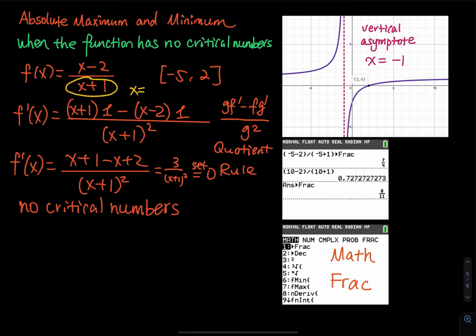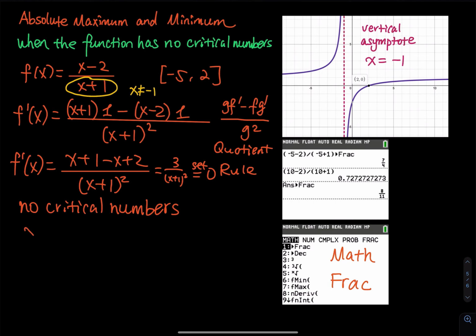We know that when x equals negative 1, we have trouble, because the function is undefined. Since we do not have any critical numbers, we don't expect to find any relative min and max, so we will just have to test the endpoints.